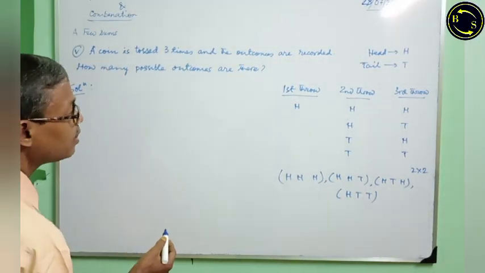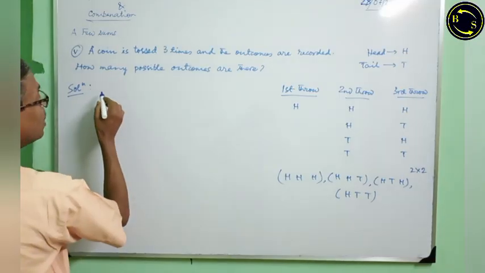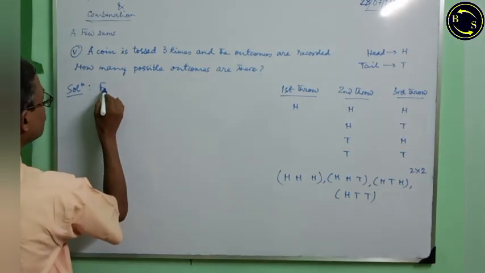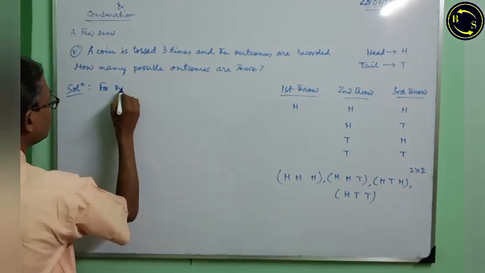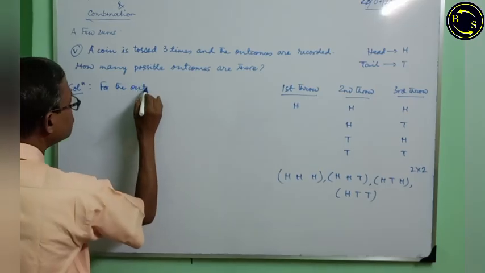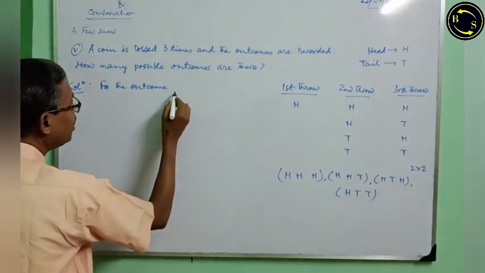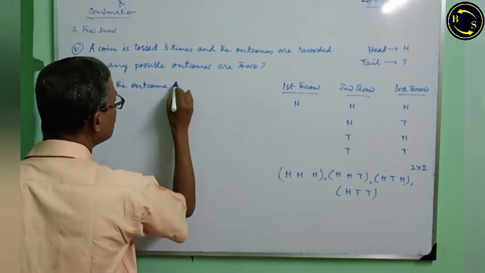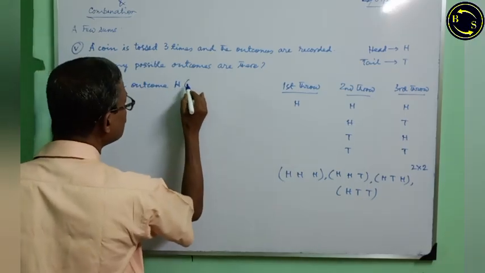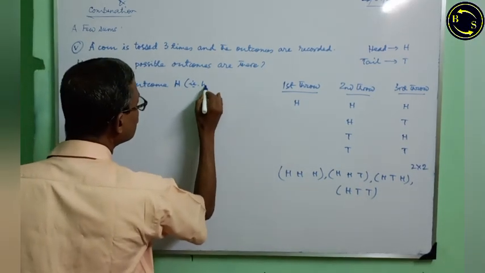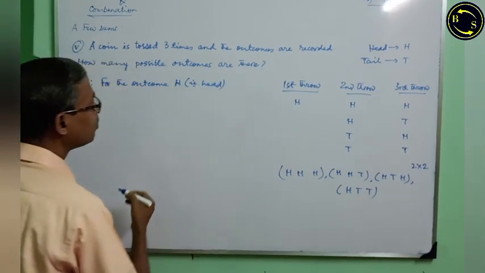Now I explain here. For the outcome head, I write short symbol and the full form.